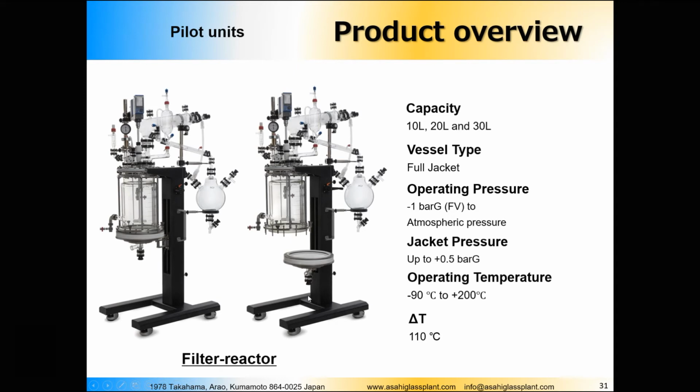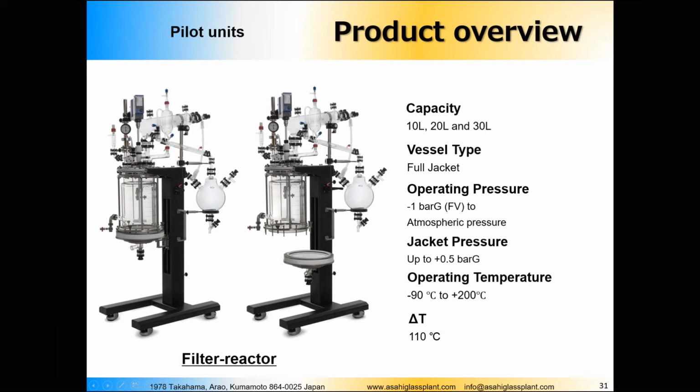There is no lab jack here anymore, because the unit is pretty big, so there is a lifting mechanism inside the support frame, and you can easily lower it, either just the bottom or the bottom together with the vessel itself. So this is the good thing about that.